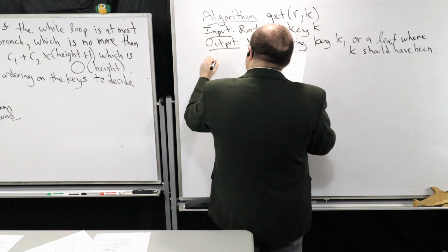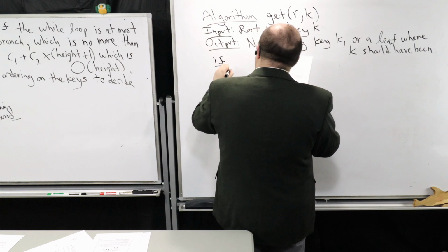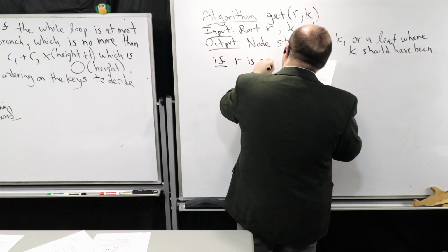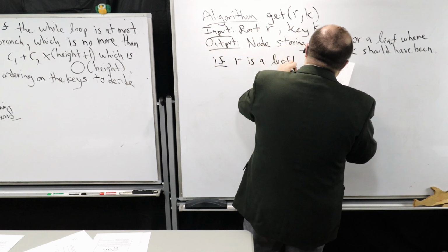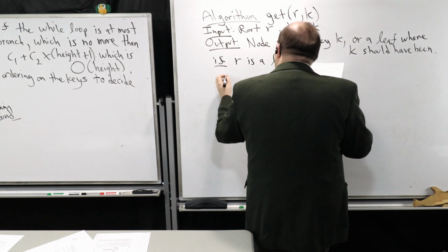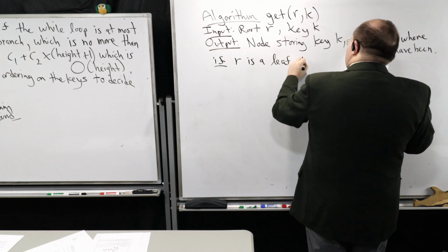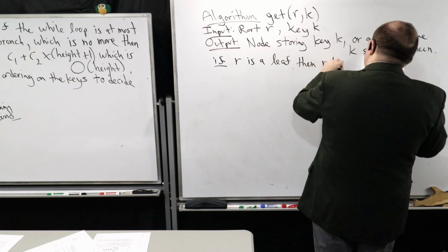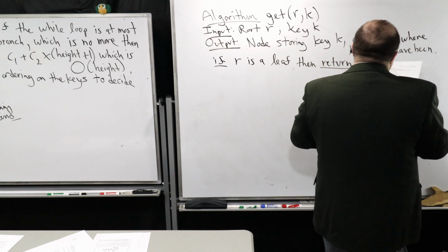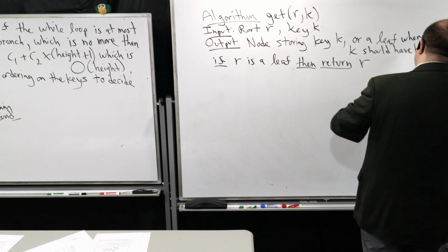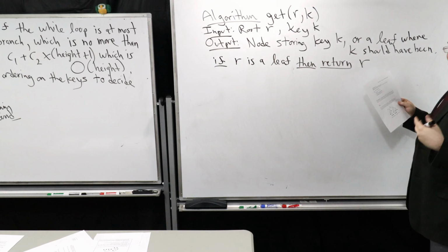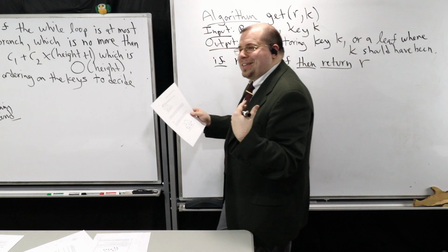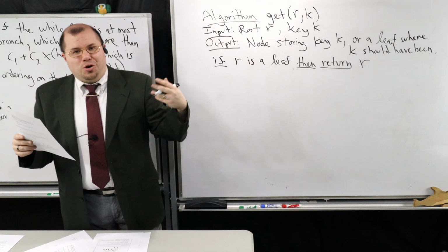So I'm going to first check if R is a leaf. If R is a leaf, then we're going to return R. Because remember, it's possible that I could just give you a node and boom, I'm the leaf.